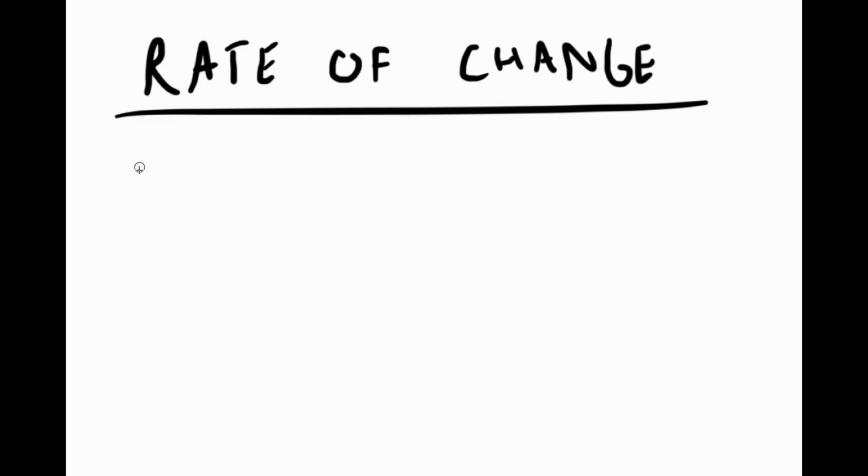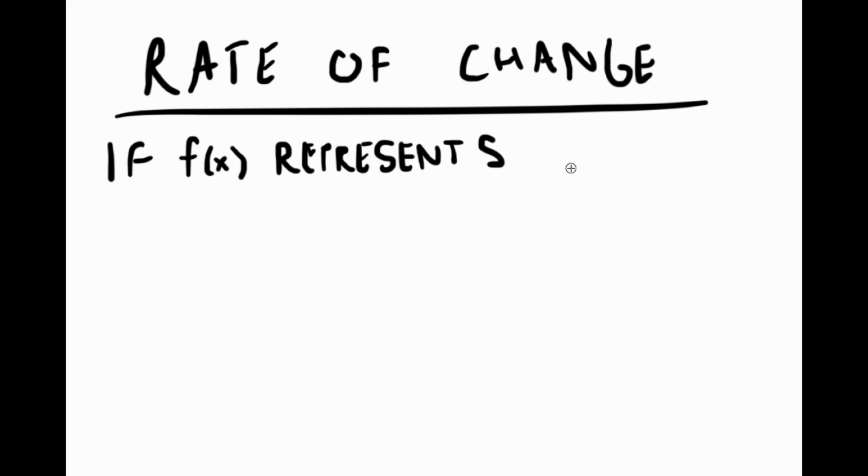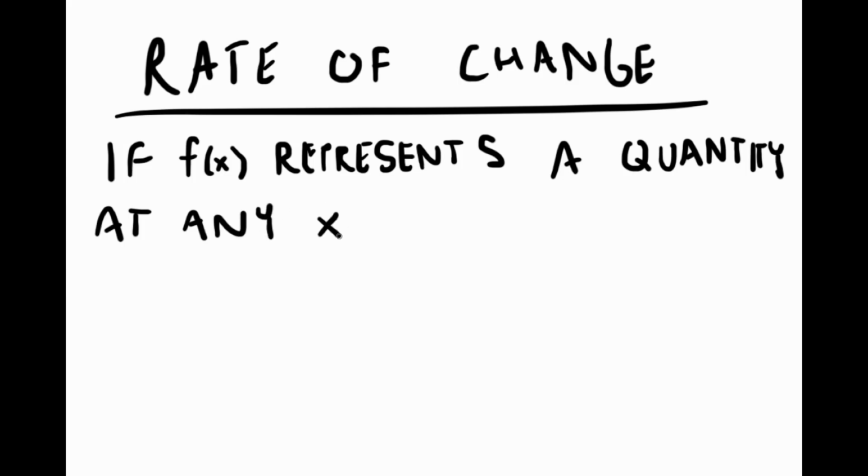So basically, if f of x represents a quantity at any x, then the derivative, let's say d over dx.